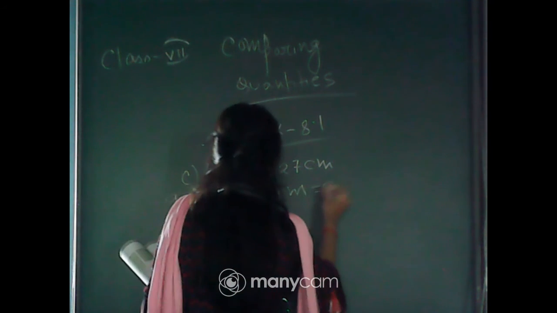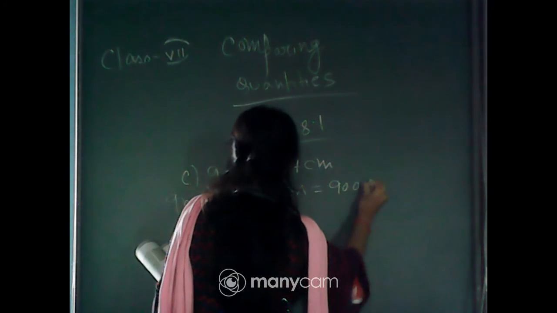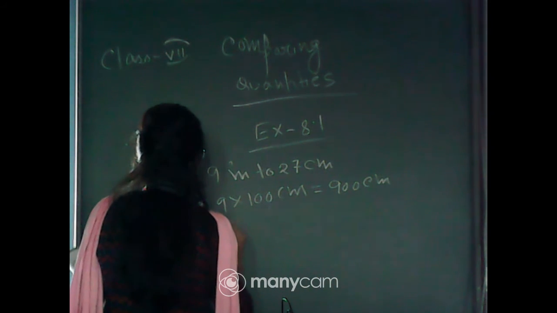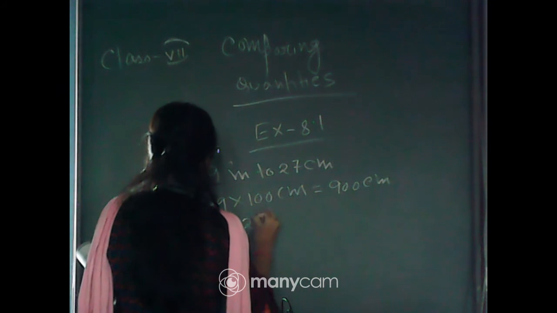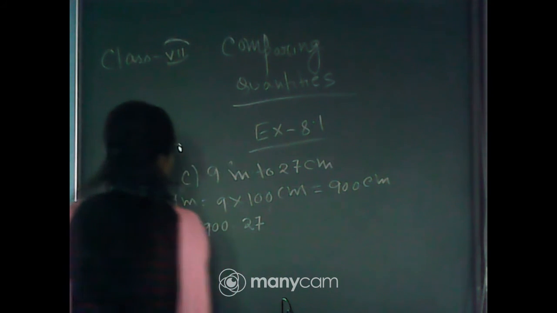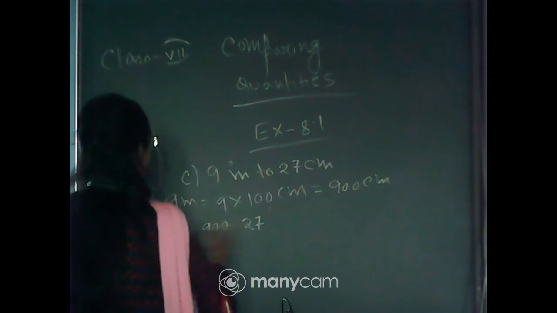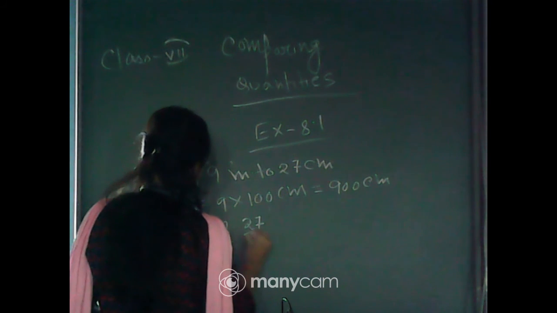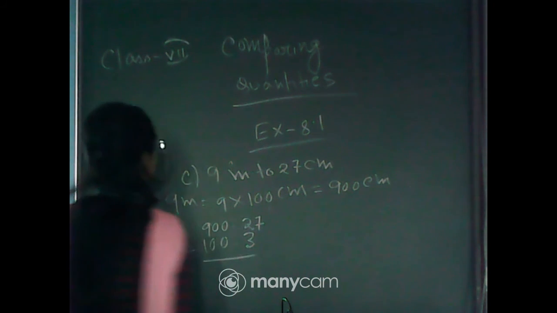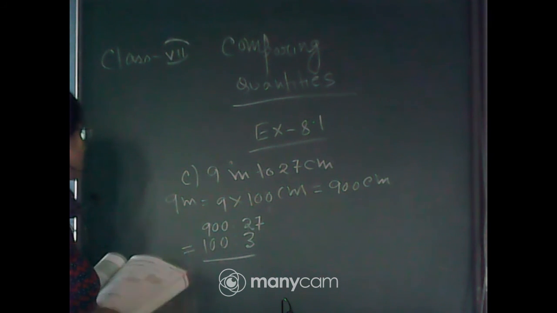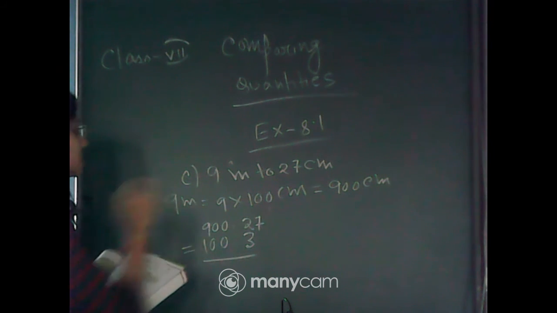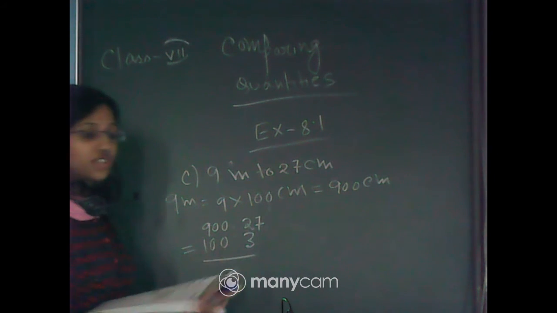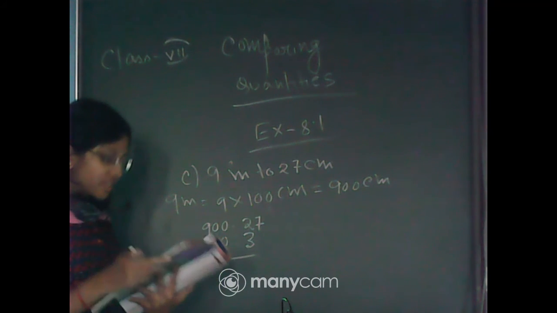That is equal to 900 cm. Therefore, the required ratio is equal to 900 is to 27. First we divide the ratio by 9 and we get 100 is to 3. Okay. Therefore, the required ratio is 100 is to 3 and it is the simplest form, since the numerator 100 and the denominator 3 have no common factor except 1.